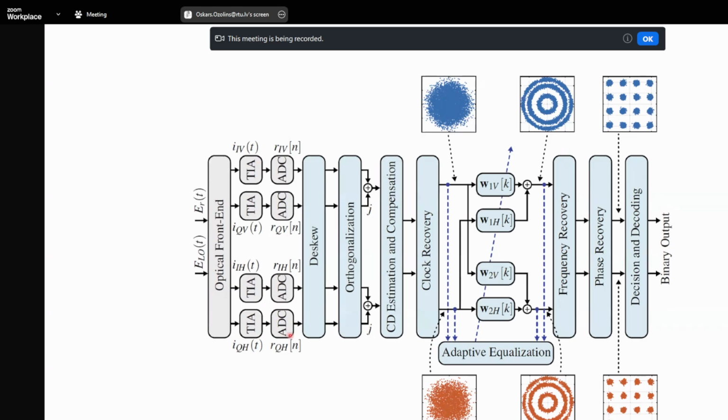So we can get a different number of samples depending on the input signal symbol rate, and depending on whether we sample to get two samples per symbol or one sample per symbol. This white part is the hardware part, and the rest, the blue part, is the software side already.